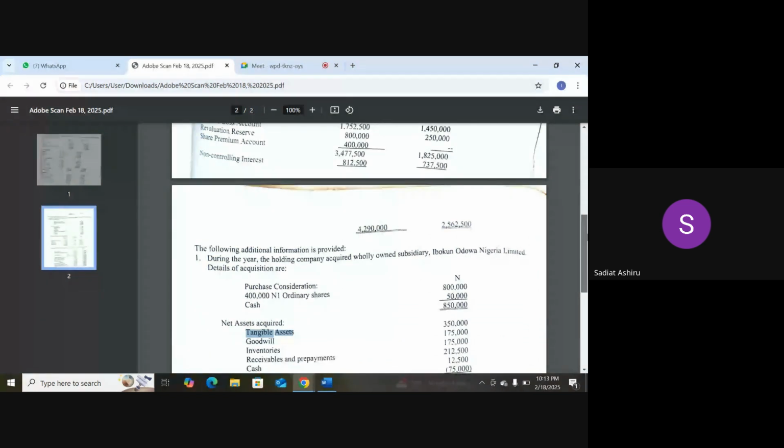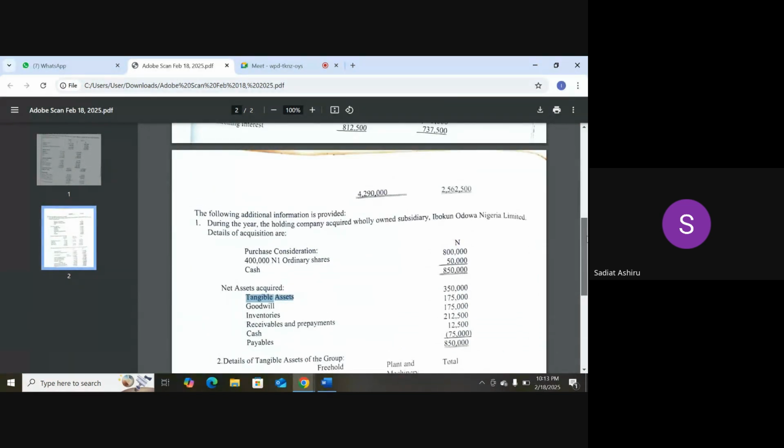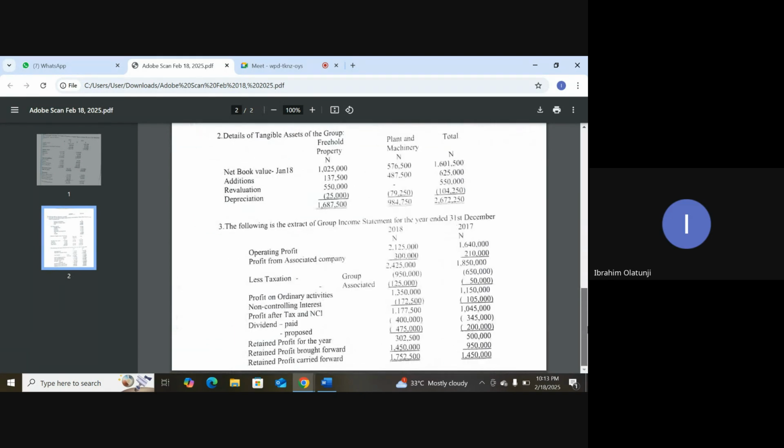There's no dividend received. Let's check properly. There's none. No, if the examiner didn't put dividend received, how will you know there is no dividend received?